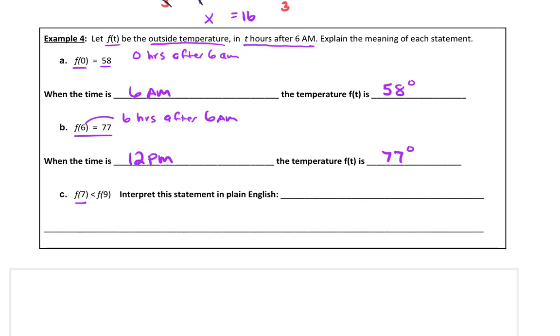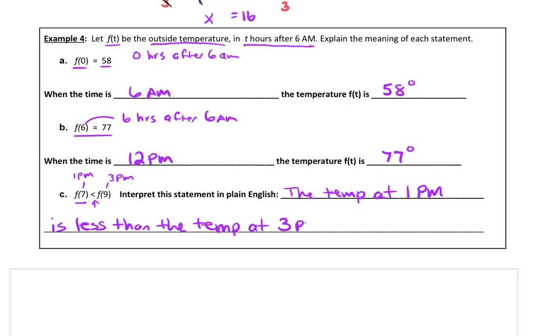So f of 7 means the temperature 7 hours after 6 a.m., which is 1 p.m. And 9 hours after 6 a.m. is 3 p.m. So the temperature at 1 p.m. is less than the temperature at 3 p.m.